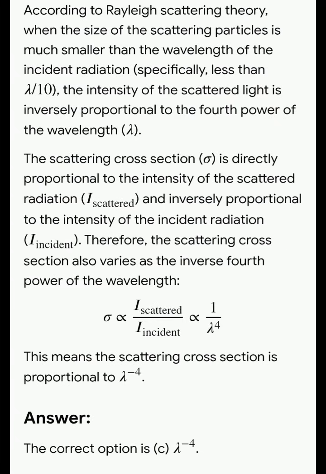So we can write sigma is proportional to I scattering divided by I incident, and this is proportional to 1 by lambda raised to 4. That means the scattering cross-section is proportional to lambda raised to minus 4. So the answer is lambda raised to minus 4.